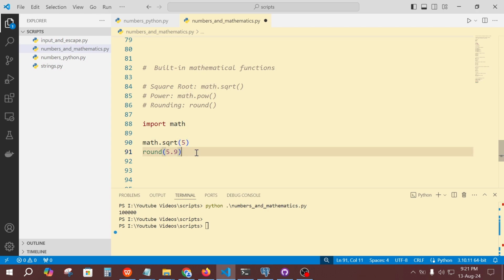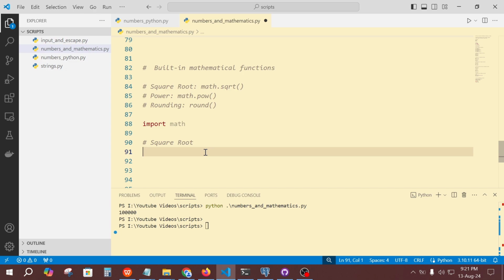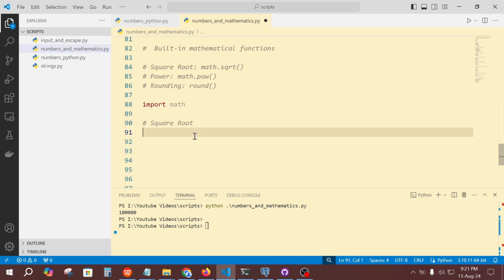Okay, so let's see it one by one. First we will see the square root. You should also add comments like this in your script, so you will remember what is defined in this line and after this section.